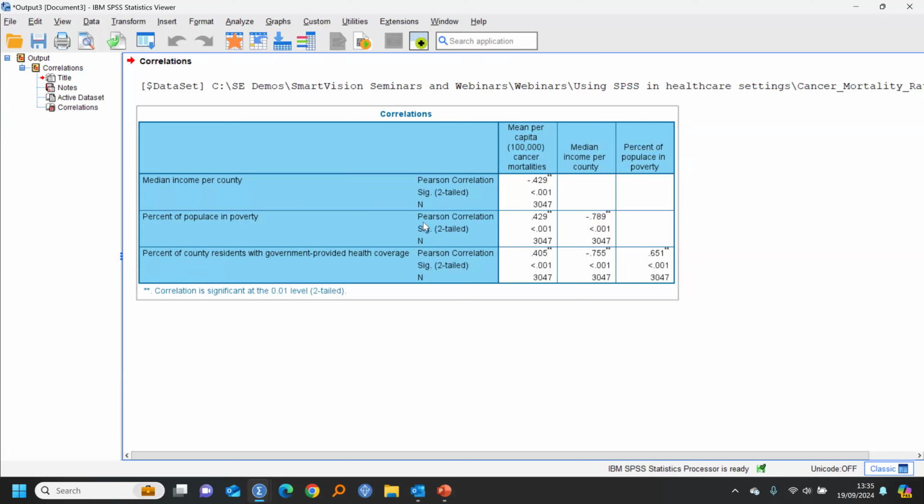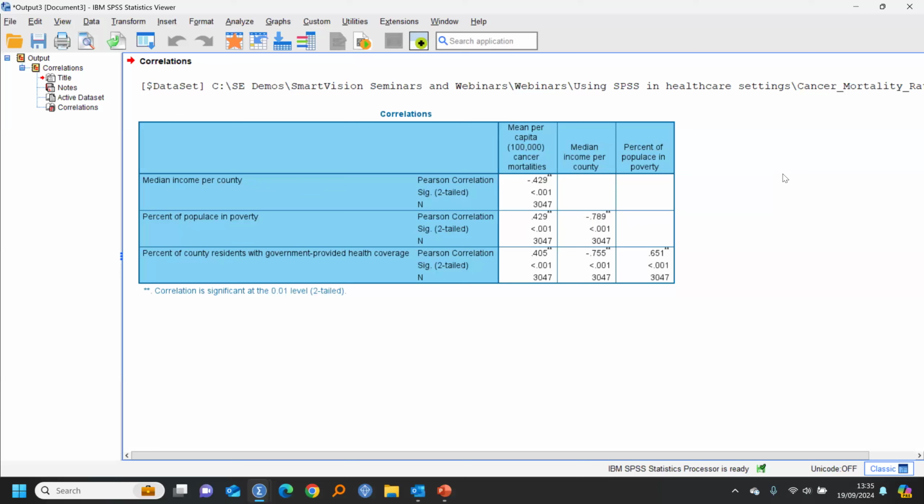As percent in poverty increases, cancer mortality also increases. And if percent of county residents with government-provided health coverage, they're reliant just on government-provided health coverage, they don't have any private health coverage, then that's also positively related to per capita cancer mortalities.